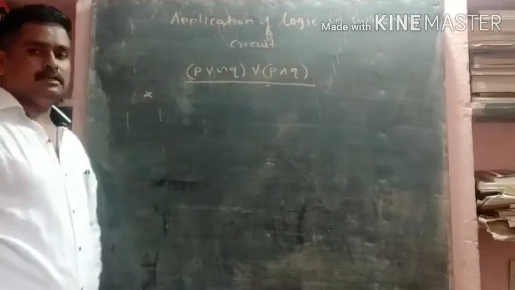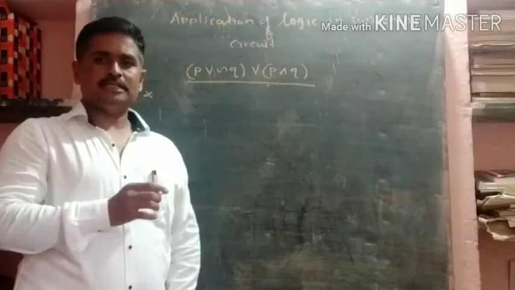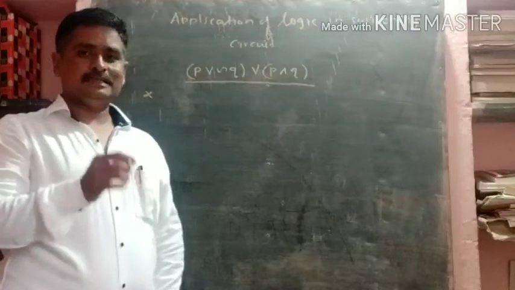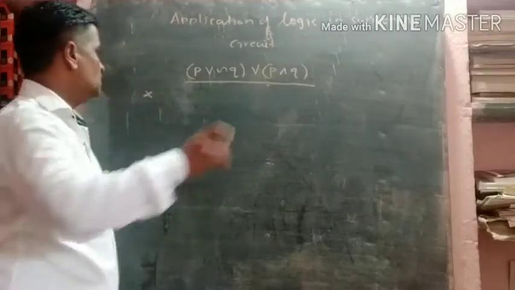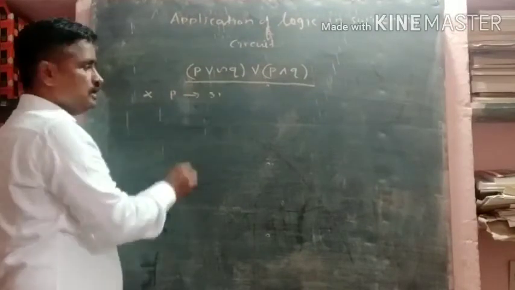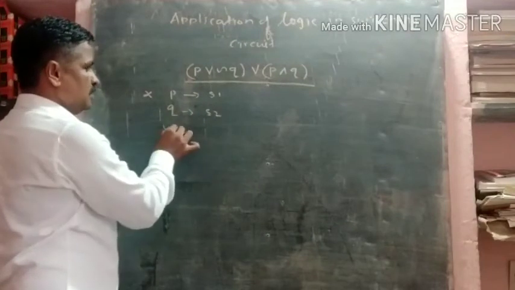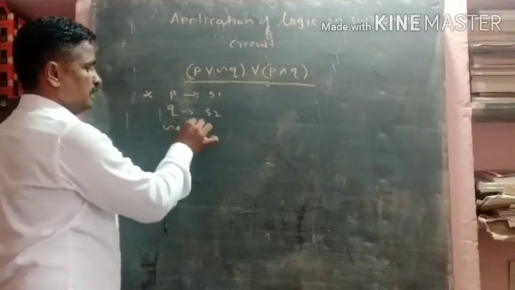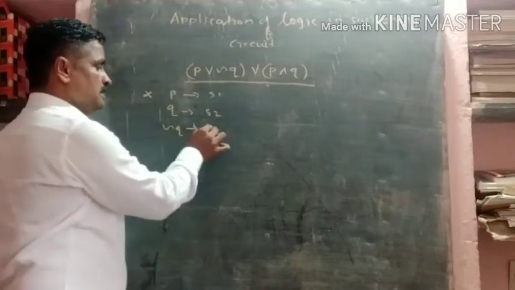While we draw the circuit diagram of any logical statement, we consider P as switch S1 and Q as switch S2. Negation of Q is nothing but S2 dash.